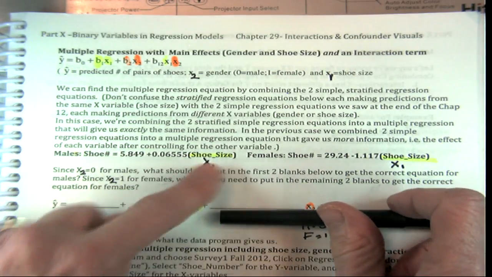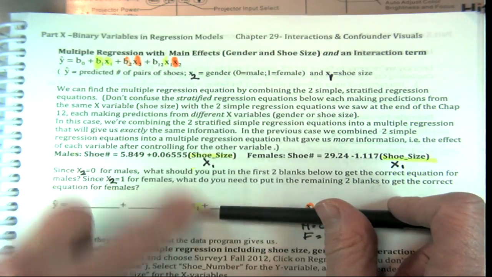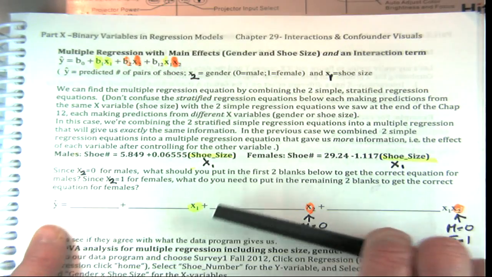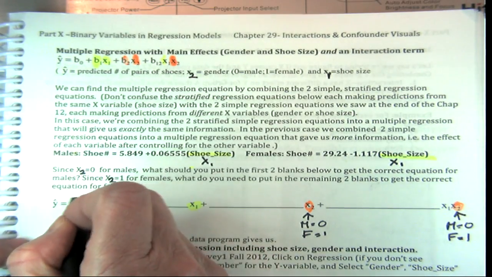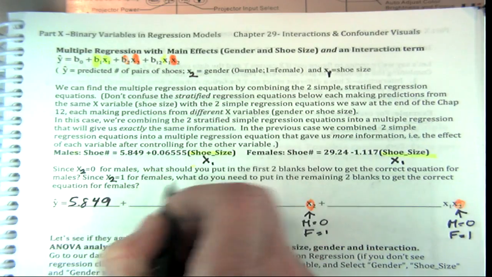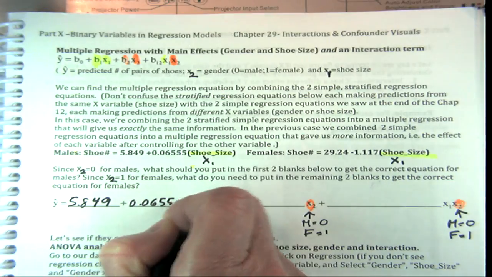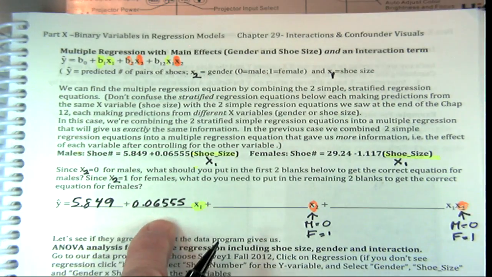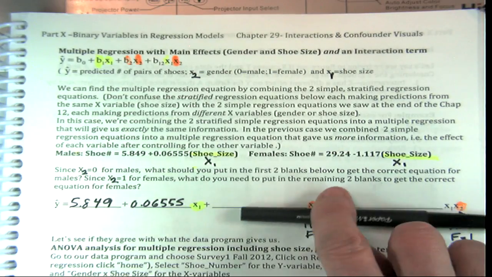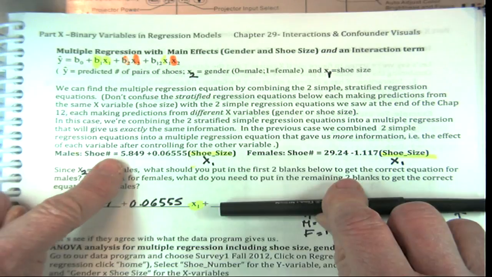So we just have this equation right here. So we should just put this x1 here for x1. So let's fill that in first. And that will give us, when males is 0, that's perfect. Our multiple regression should give us that.